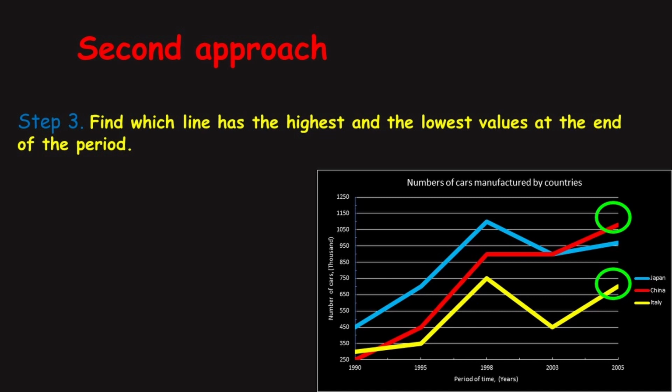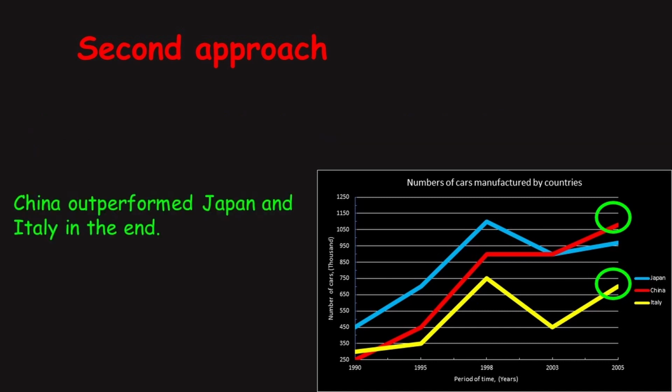Which line has the highest and the lowest values at the end of the period? The red line had the highest value at the end of the period, while the yellow line had the lowest. Thus, China outperformed Japan and Italy in the end. We write: China outperformed Japan and Italy in the end.